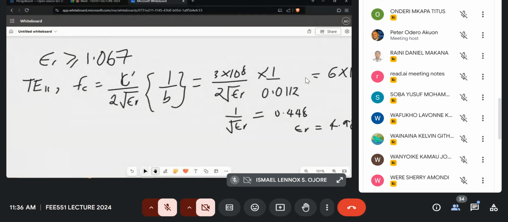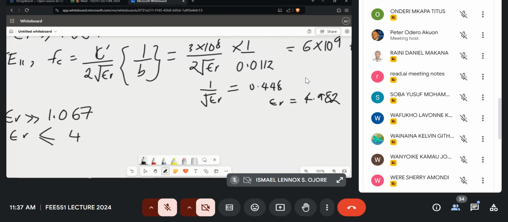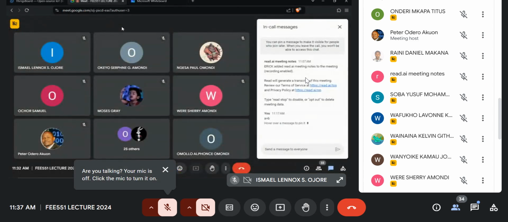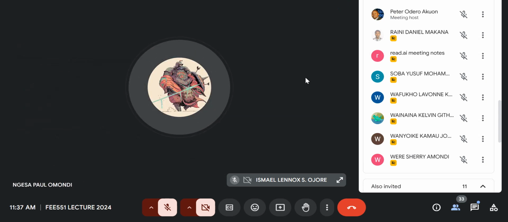So from these calculations, it means that the range should be greater than 1.067 and less than or equal to 4.982. Okay, sure. Yeah, that's it.